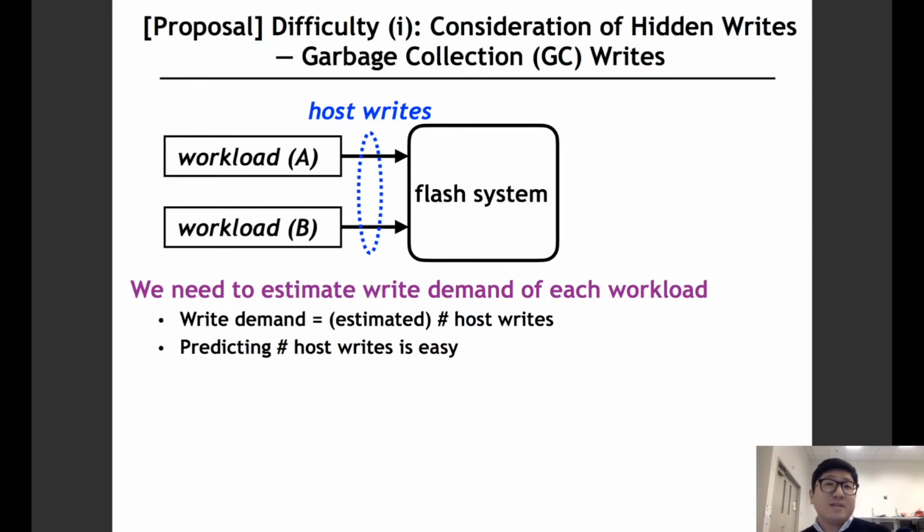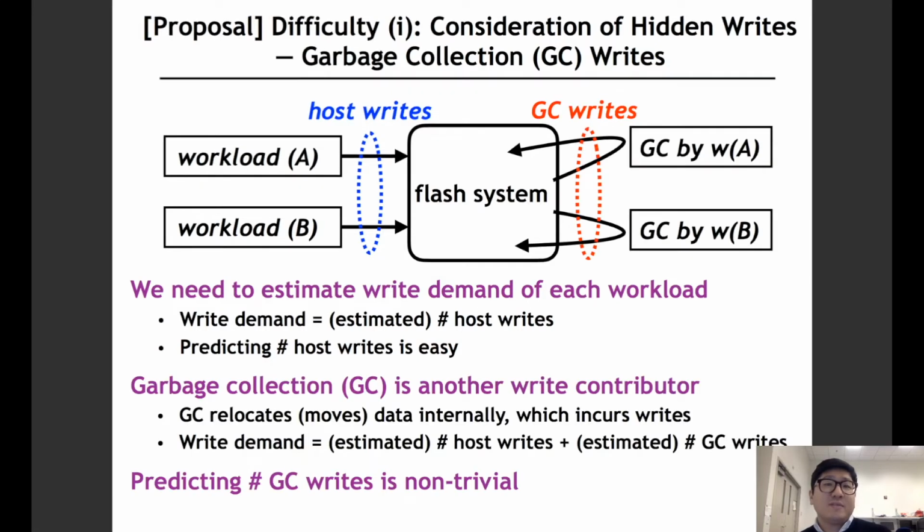However, garbage collection is another major write contributor. GC relocates data device internally, which incurs a lot of page writes. We call them GC writes. Therefore, to estimate the write demand of a workload, we should take both the number of host writes and the number of GC writes into account.